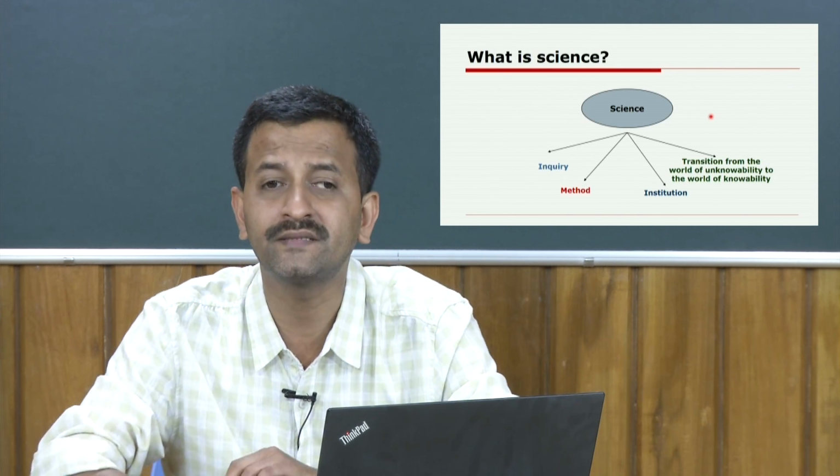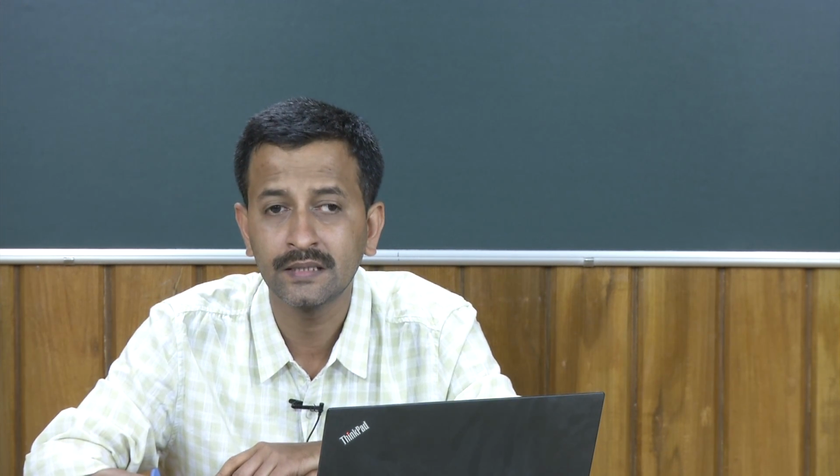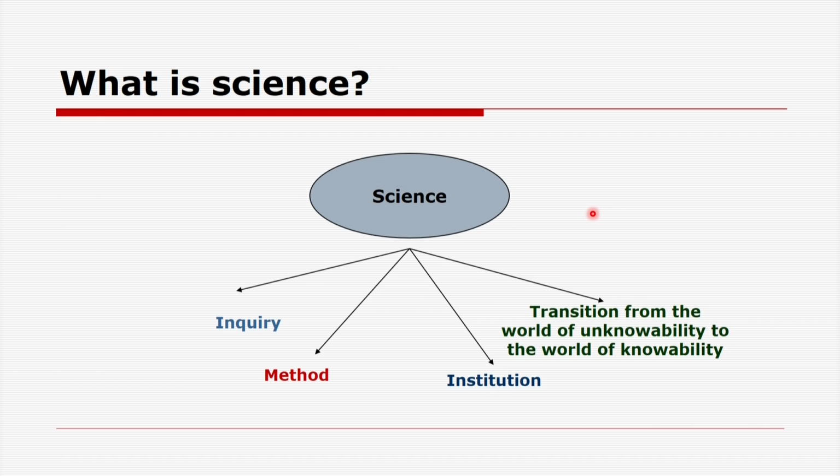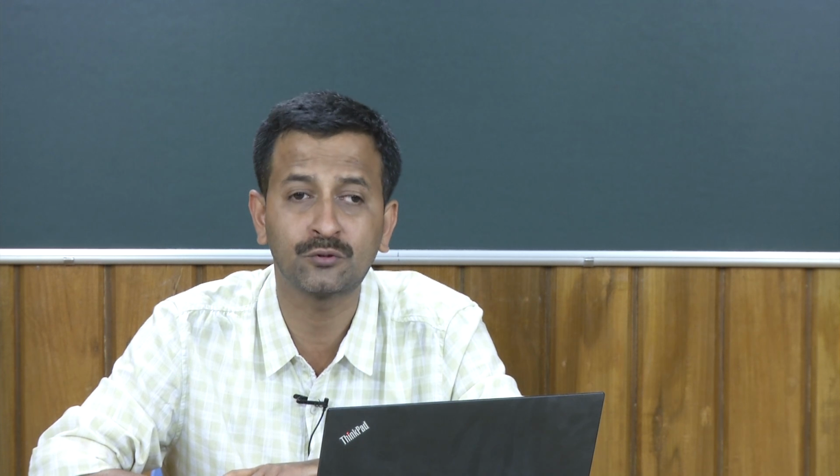Science is also a method. Very often what we encounter is the objective of science and the objective of non-sciences. The objective of science is to arrive at the truth.